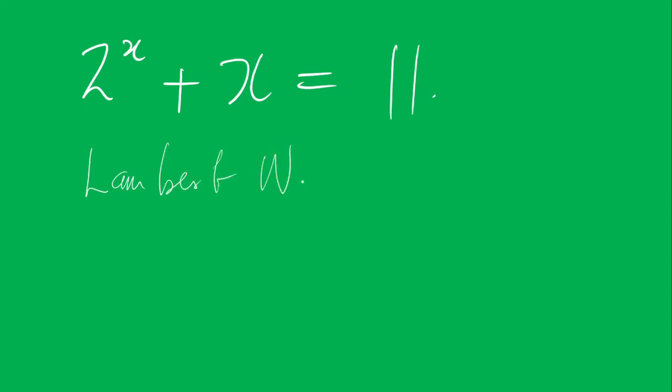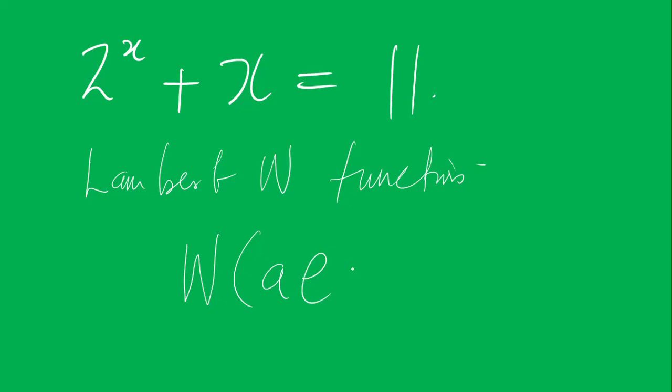What it states is that if you have W of A times e raised to the power A, that is, A e to the power A, it is equal to A.